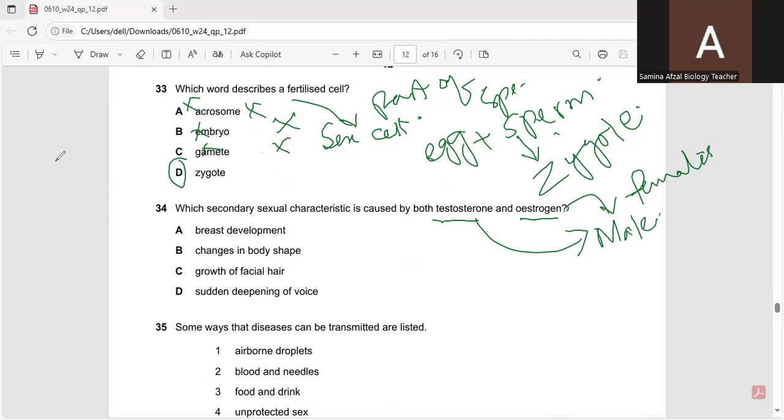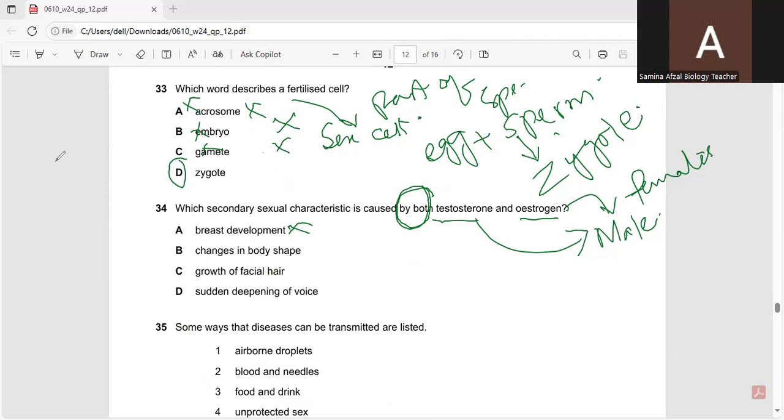Estrogen is the primary hormone responsible for breast development in females, but we have to discuss both. This is not a function of testosterone, so breast development is not the correct option.